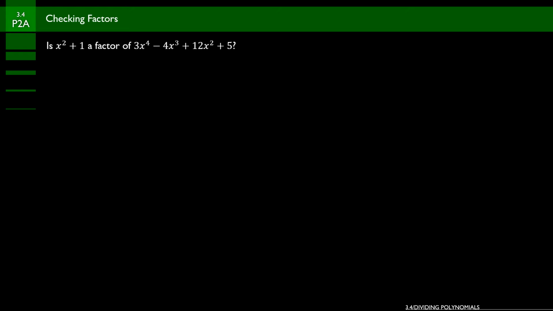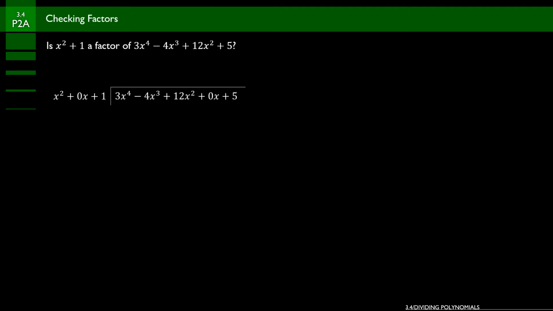But to be able to do this, when we set our divisor up, we have to plug in any missing values that we have. So you can see we've got an x squared term, but we have no x term. So that means that when we set up the divisor, we're going to go x squared plus 0x plus 1. When you look at the dividend, which is 3x to the fourth minus 4x cubed plus 12x squared plus 5, again, we're missing an x term.